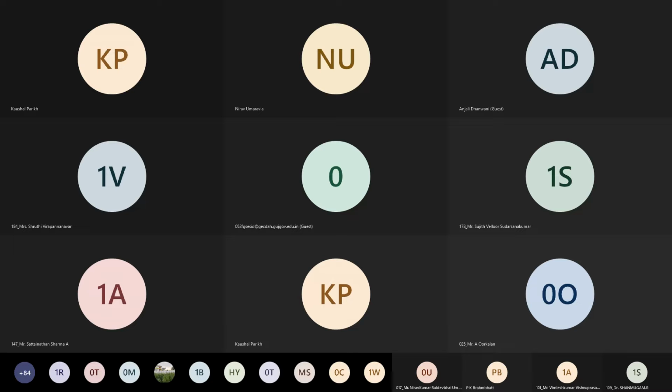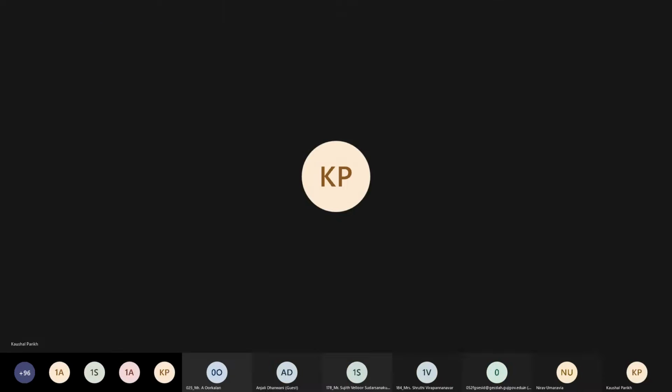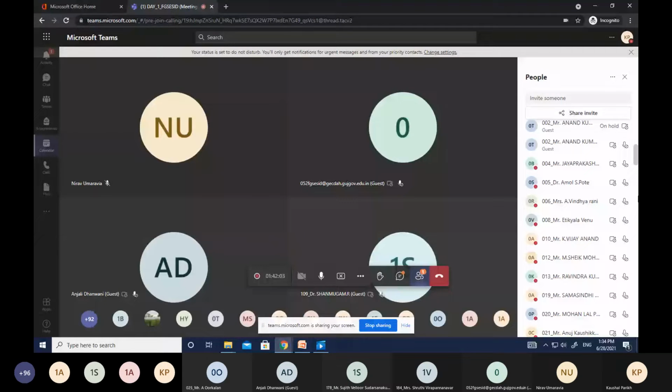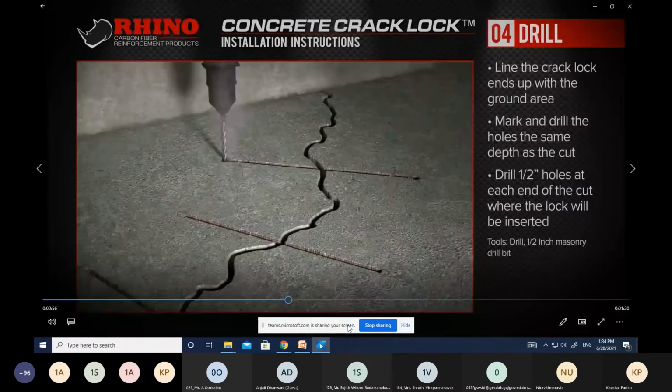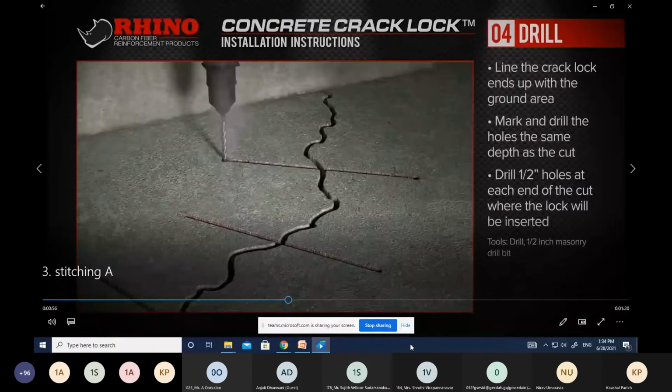It is the window. Oh, entire screen. So what do you want to spend it?